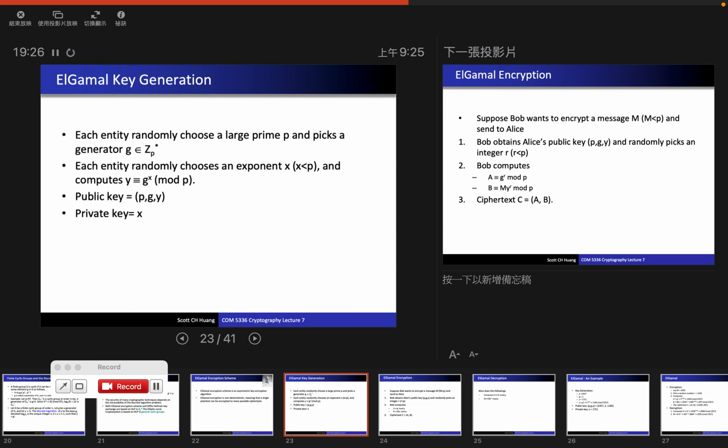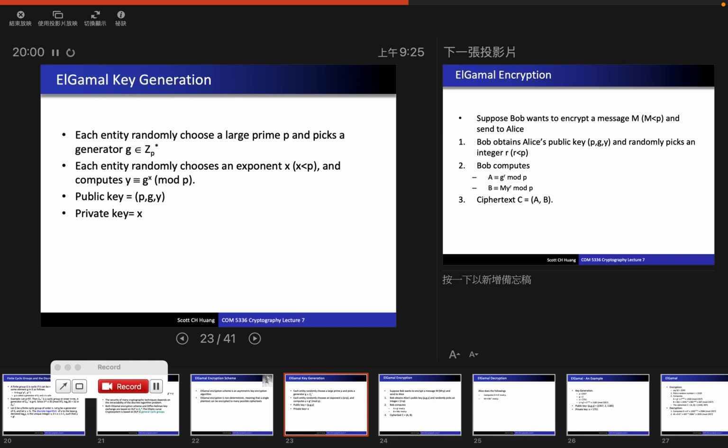And the public key is G to the X. This is something like a blinding factor, because G to the X can be used to calculate something that blinds the secret information. But the discrete log problem tells us that even though you have knowledge of G to the X, you still have no knowledge about X. So the exponent is secure.